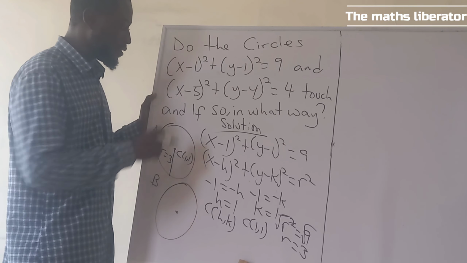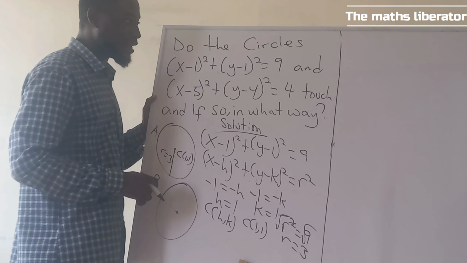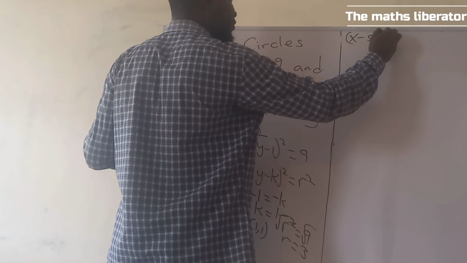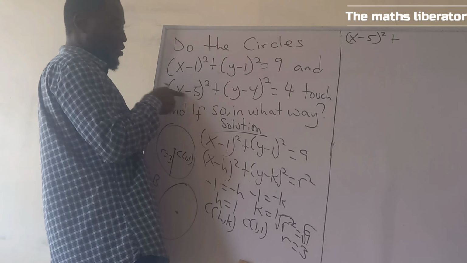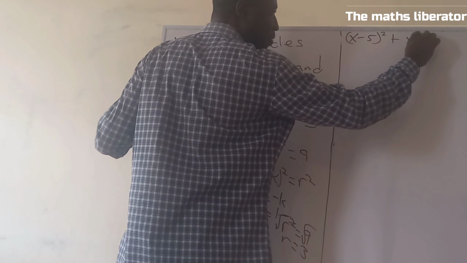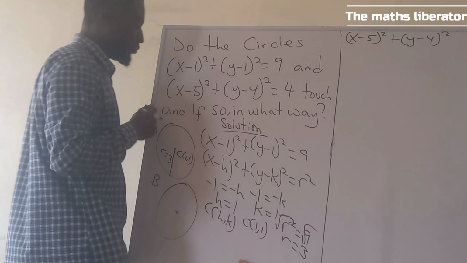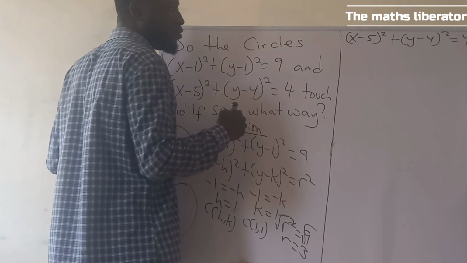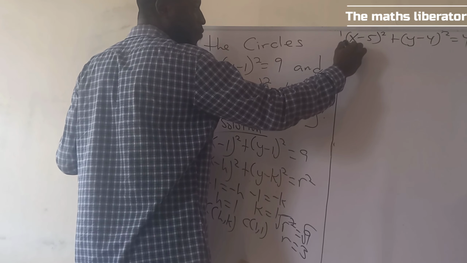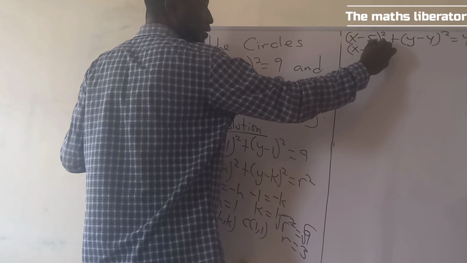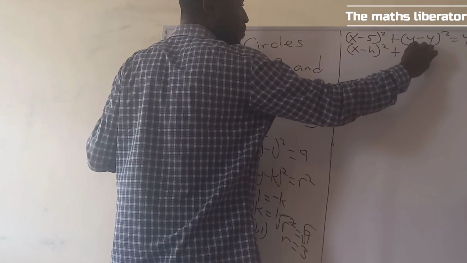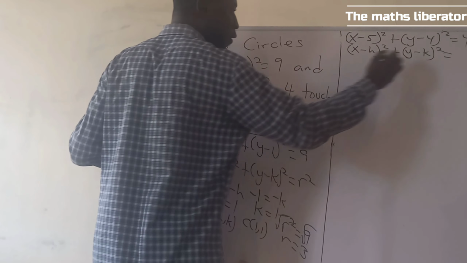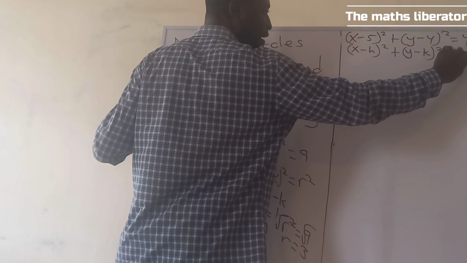Good. Now let's move on to the second circle. We are going to do the same thing: x minus 5 squared plus y minus 4 squared equals 4. Good. So we write the standard form of the equation under it: x minus h squared plus y minus k squared all equals r squared.